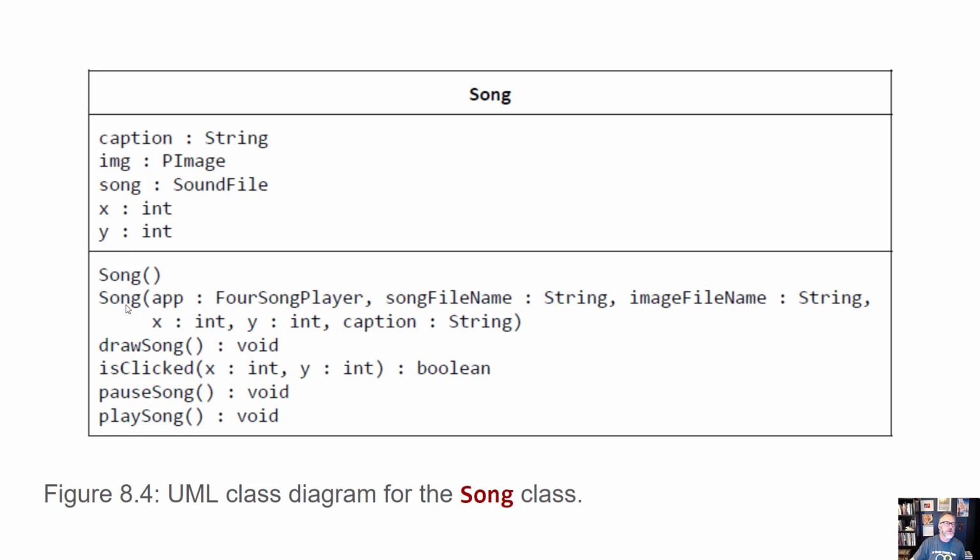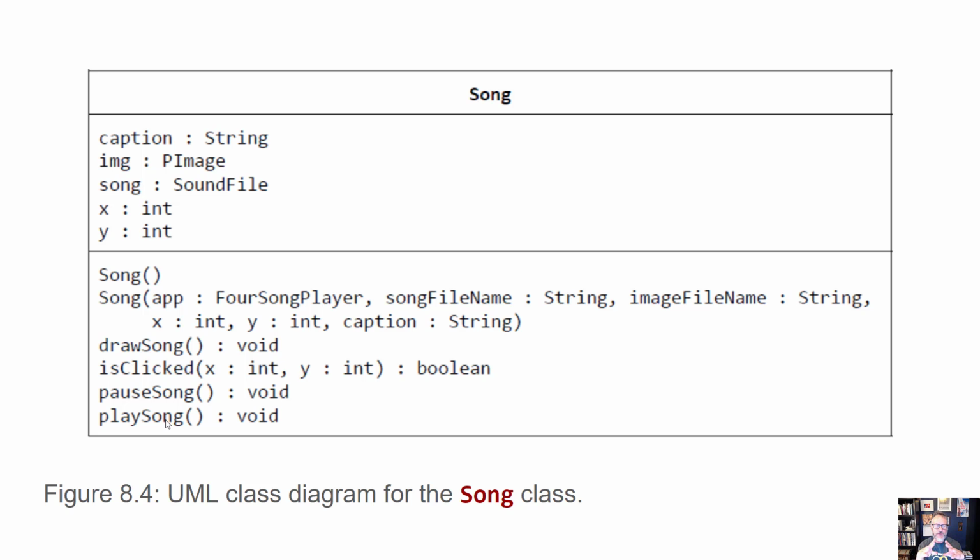So we have 2 overloaded constructors, a default constructor and an initializing constructor, and we'll talk about constructors more down the line. And then the rest of the things it knows how to do. It knows how to draw itself. It knows how to tell whether or not it was clicked based on the X and Y location where the mouse was. It knows how to pause itself, and it knows how to play itself.